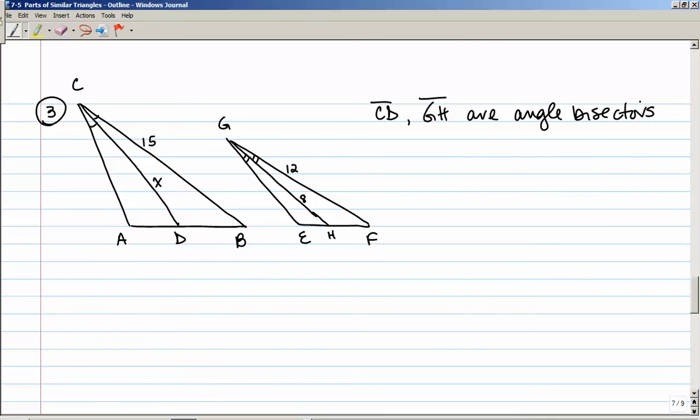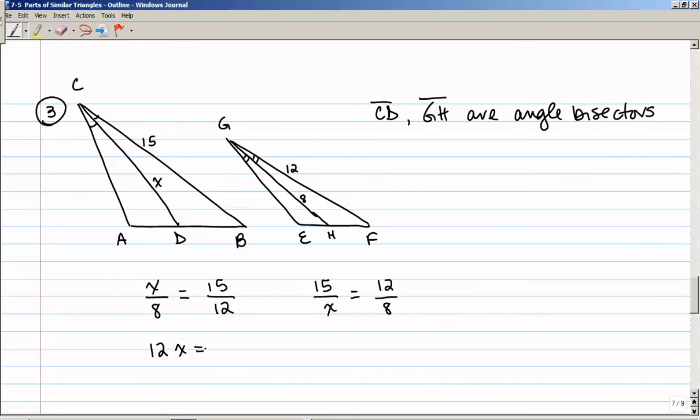Okay, so again we can set up a proportion. X over 8, bisector over bisector, equals side over side, or I could say 15 over x equals 12 over 8, side over bisector equals side over bisector.